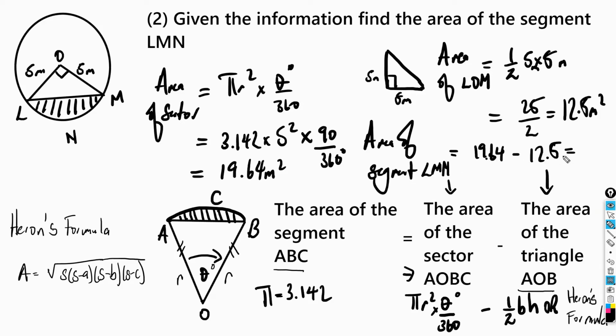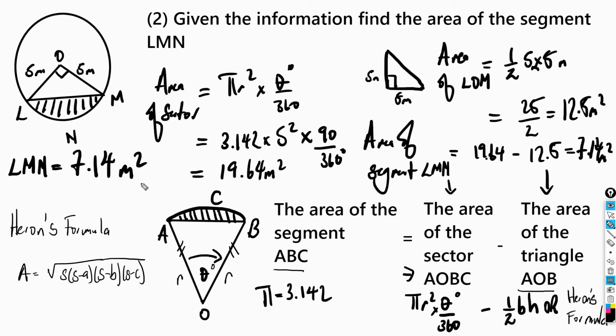And the answer we should get is 7.14 meters squared. So the area of the segment LMN is equal to 7.14 meters squared. All right. Great.